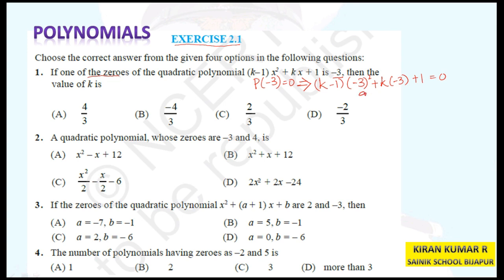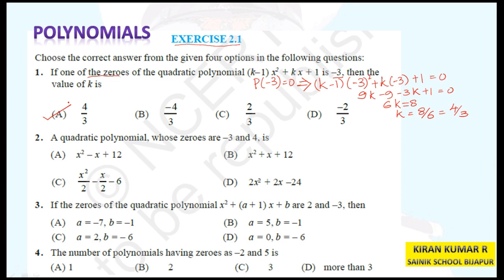Therefore, it becomes 9k minus 9 minus 3k plus 1 equal to 0. 9k minus 3k is 6k. Minus 9 plus 1 is minus 8. When you transpose this minus 8, we get plus 8. So the value of k is 8 upon 6. Further, if you simplify, it is 4 by 3. So the right answer is option A, 4 by 3.